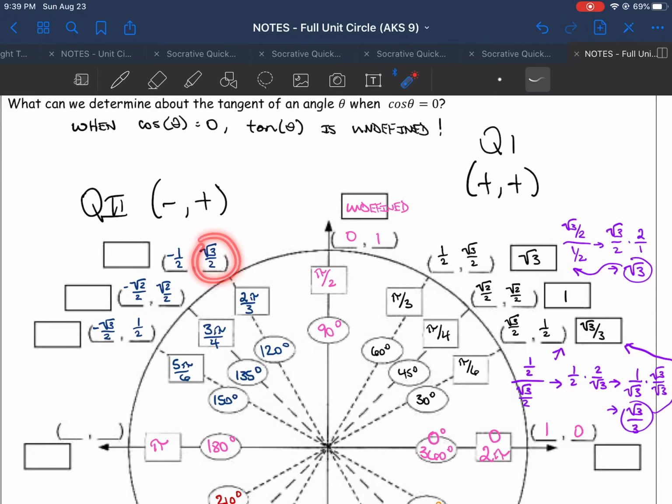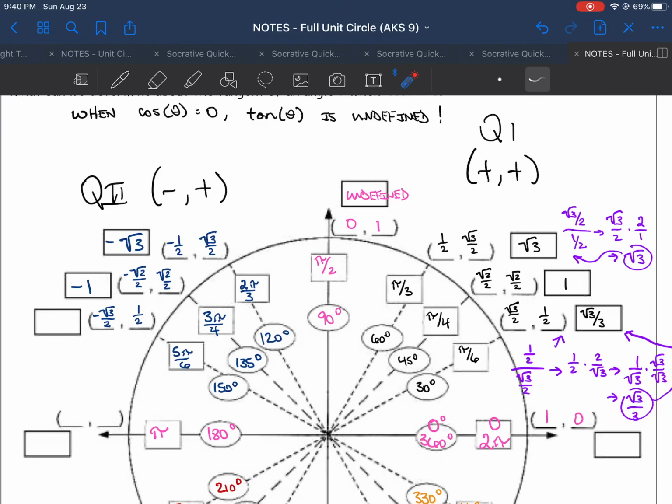But if I'm going to take a positive and divide it by a negative, I know my tangent is going to be negative, so we're going to get negative square root of 3. Same deal here, if I take square root of 2 over 2 divided by a negative square root of 2 over 2, we already know it's going to be 1, but because we're dividing a positive by a negative, we're going to get a negative tangent value.